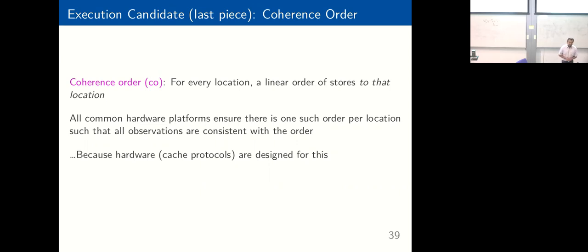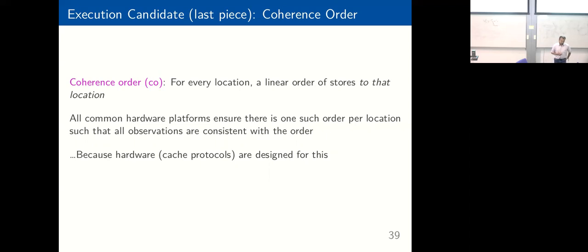Hardware implementers, in particular for memory-level hardware, are very used to thinking about cache protocols, ways in which permission to store gets transferred from thread to thread. And one of the design principles of cache protocols is that there turns out to be a total order over all stores to unique locations.